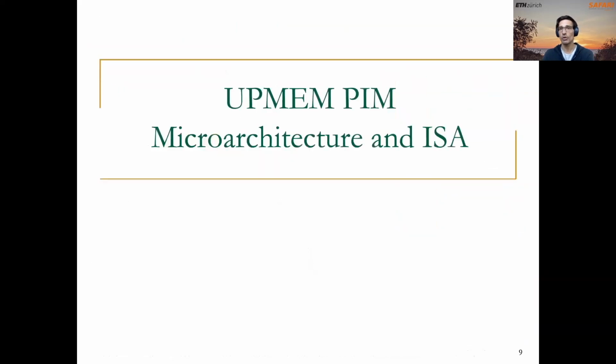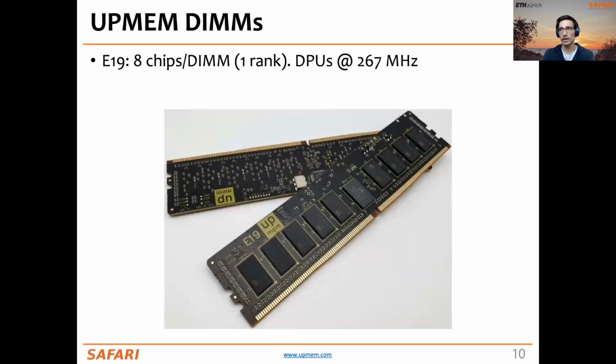But for today, we are going to focus on the UPMEM PIM architecture, and in particular, the microarchitecture and ISA of the DPUs. Remember that UPMEM fabricates PIM-enabled DIMMs. These DIMMs have these PIM chips containing DPUs that run at a certain frequency.